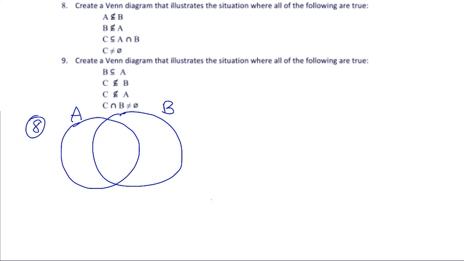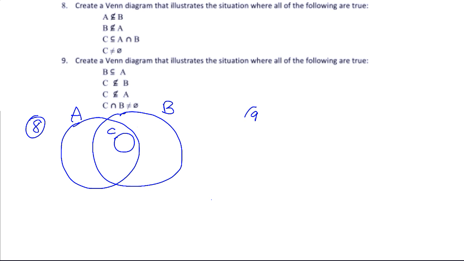So neither is a subset of the other. Now I'm going to draw C inside of that, and C is now a subset of their intersection. The intersection is where A and B overlap, and C is not equal to the empty set. So there's problem 8. That was quick and easy.